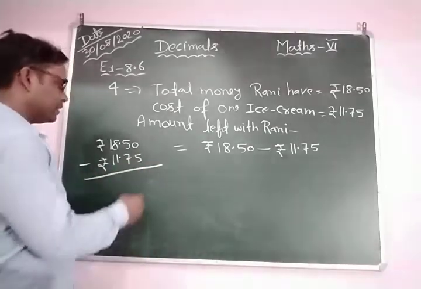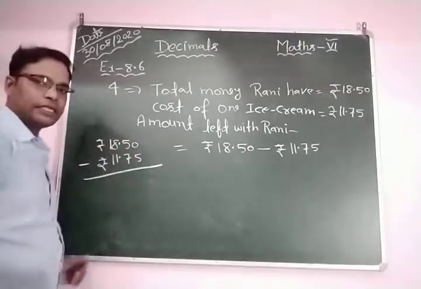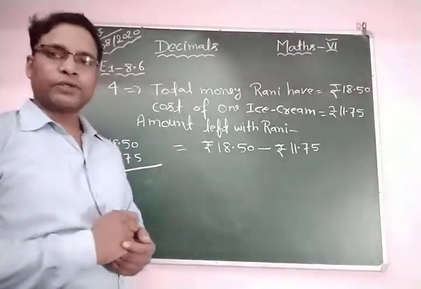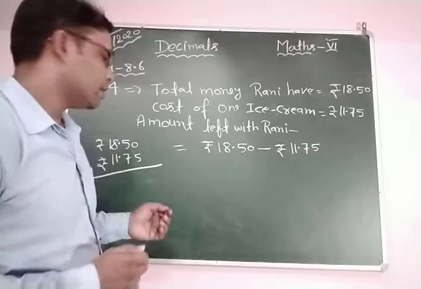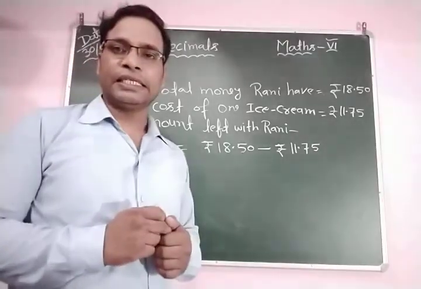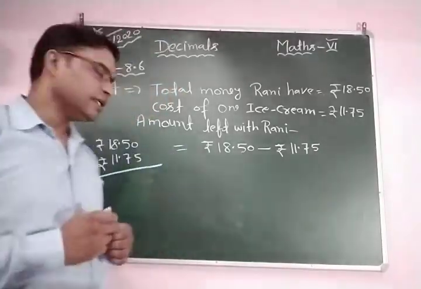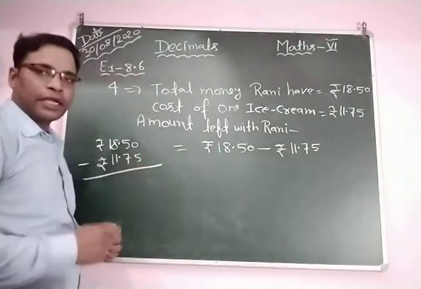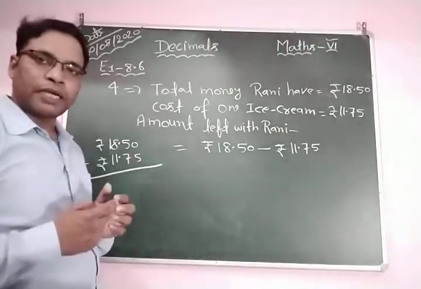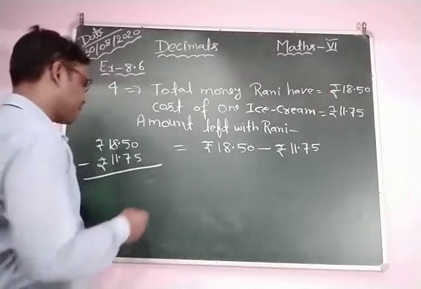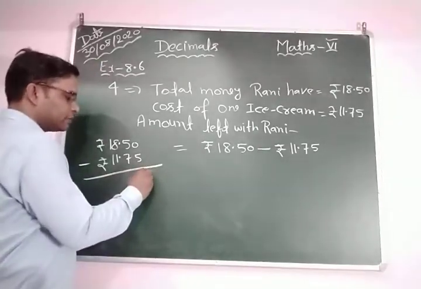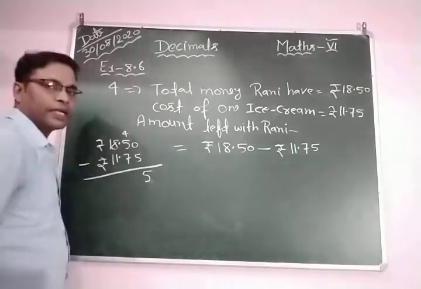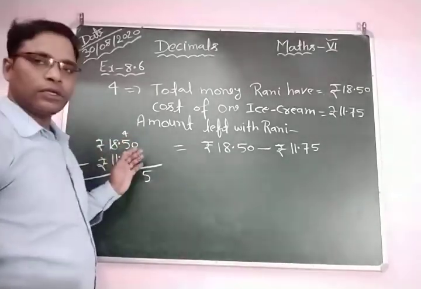Okay, so in this case you can see 0 minus 5 is not possible to subtract, so we take one carry from the next digit. This 0 becomes 10, and when we subtract 5 from 10 we obtain 5. So here this becomes 5, and this becomes 4 because it gave one carry to 0.